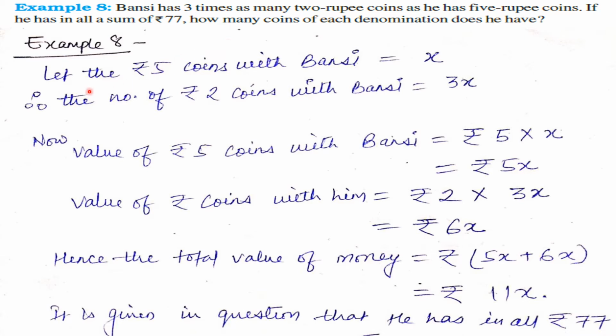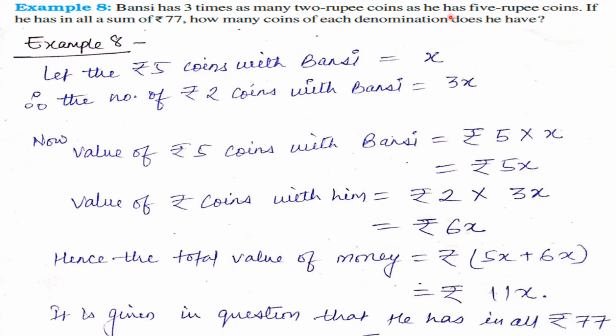So we can assume, let the number of rupees 5 coins with Bansi be x. So from the first line of question we can say the number of rupees 2 coins with Bansi is 3x, because question is saying Bansi has 3 times as many 2 rupee coins as he has 5 rupee coins.